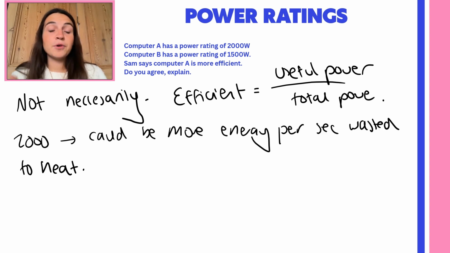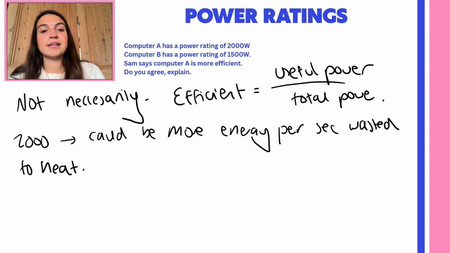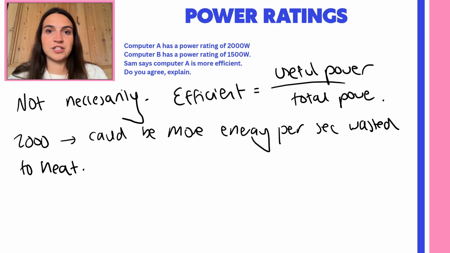So for example, the 2000 watt computer could be actually wasting more energy per second to heat, and they both have the same amount of useful power that they're using. So not necessarily, just be careful, your power ratings are not telling you about the efficiency of your device, just the amount of energy they use per second.